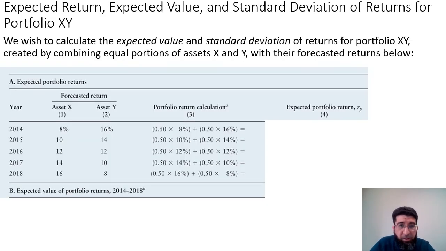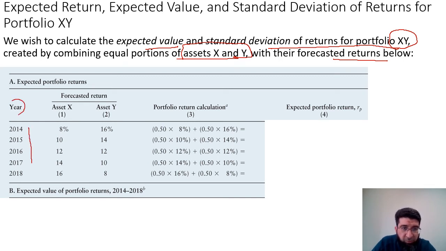Now we look at an example where we calculate the expected value and standard deviation of returns for portfolio XY. This is created by combining equal portions of X and Y assets with their forecasted returns below. For the years 2014 to 2018, asset X has an 8% forecasted return for 2014, then Y has 16%, and then we have the weighted calculation, which is equally weighted.